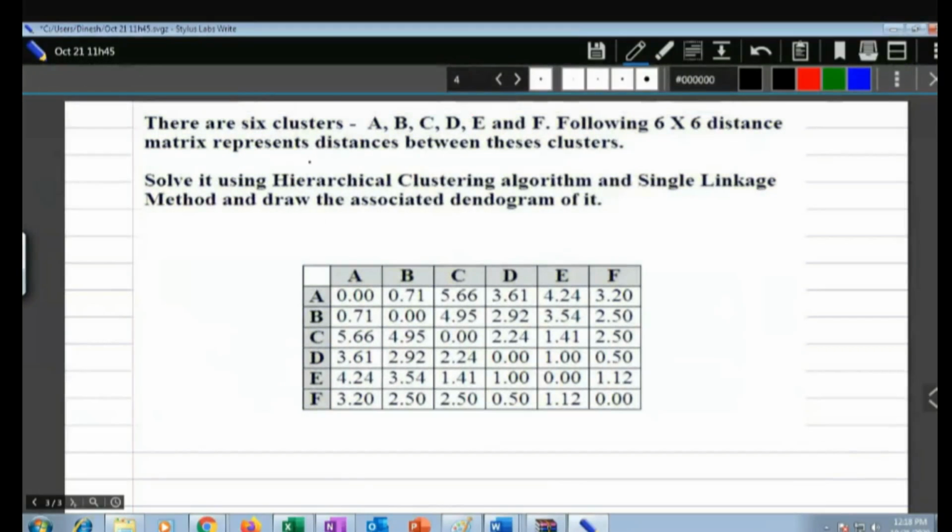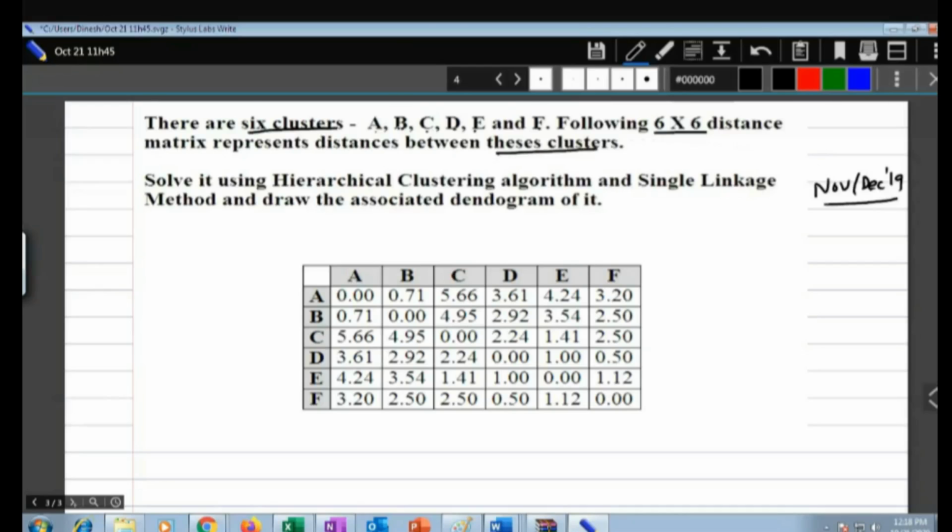There are 6 clusters. This was asked somewhere in, I think, November-December 2019. There are 6 clusters: A, B, C, D, E, F, and a 6 by 6 distance matrix is given, representing the distances between these clusters.